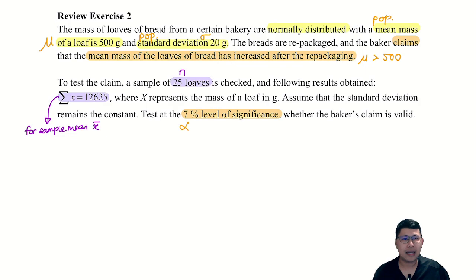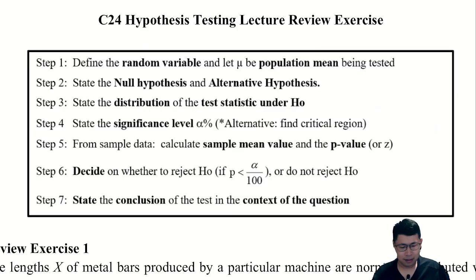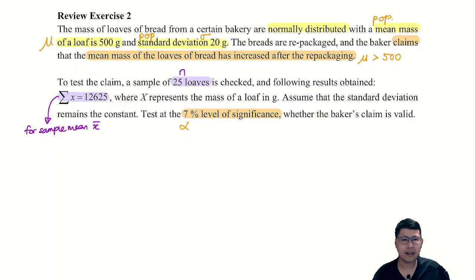Let us recap the steps for our hypothesis testing. Step 1, we need to define the random variable, and let mu be the population mean being tested. Back to this question, let us define our random variable and population mean mu.